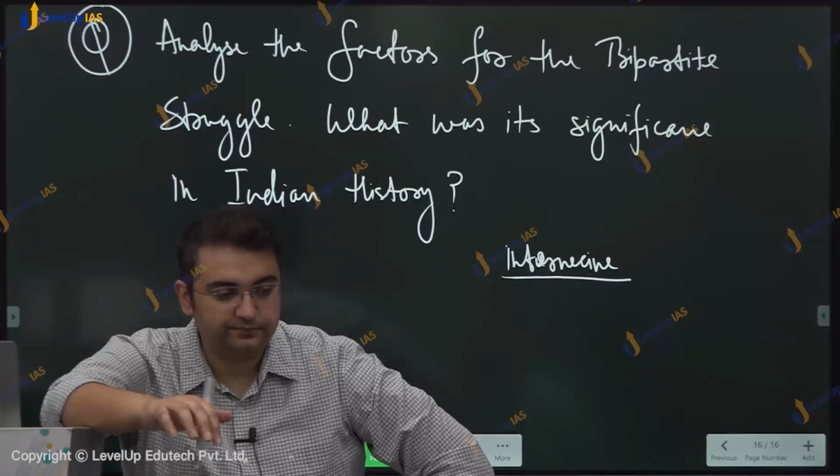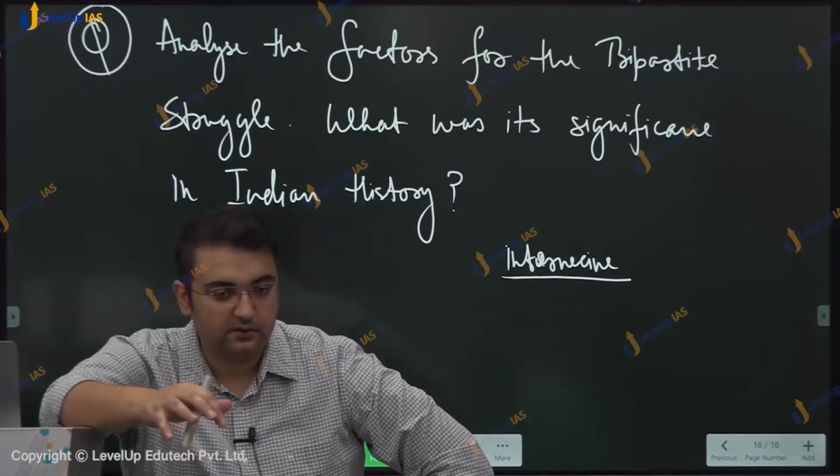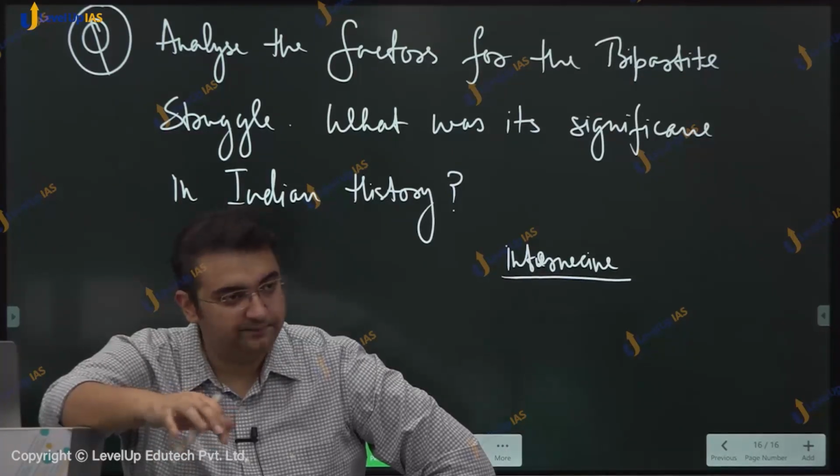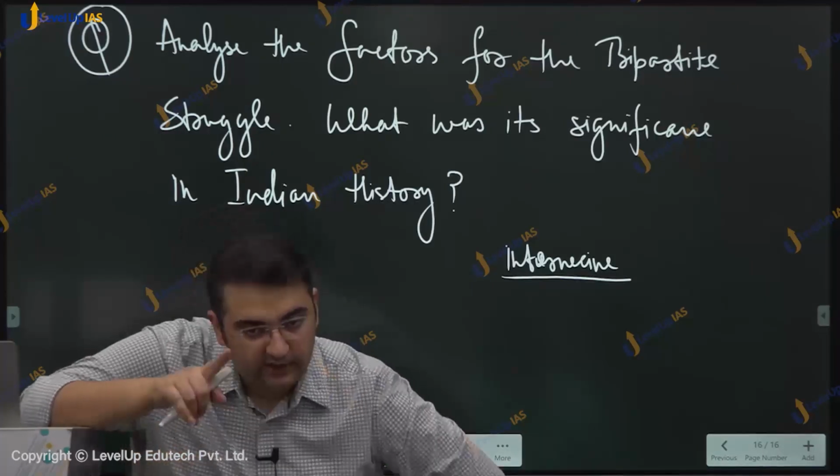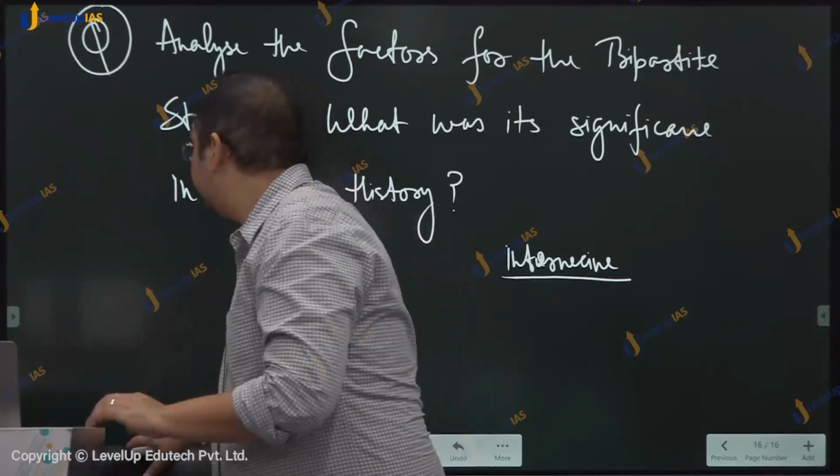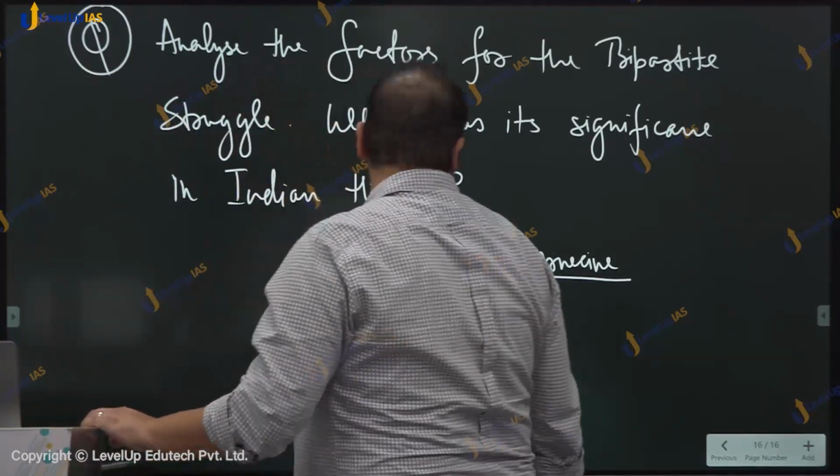Okay? ठीक है? एक तो ये रीजन है. Second one, right?